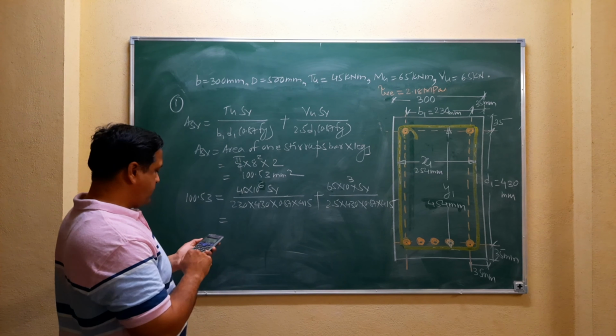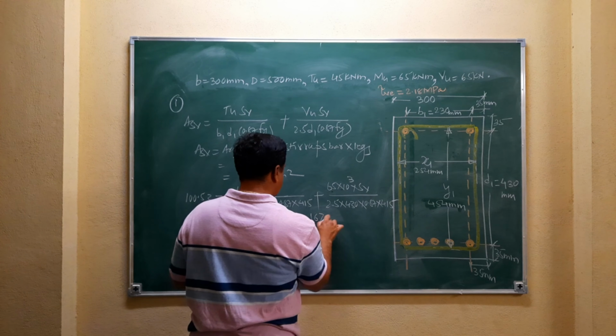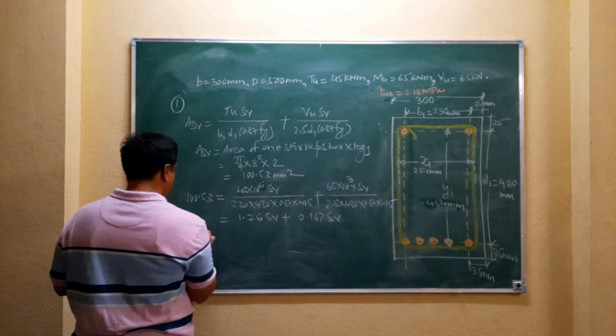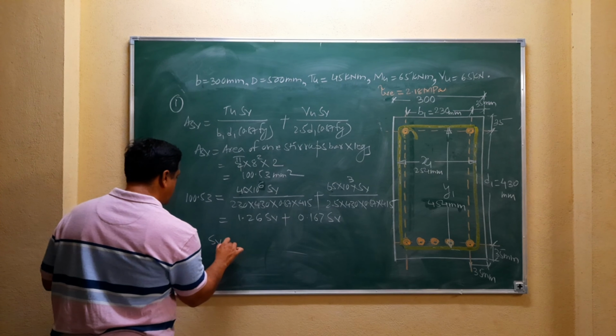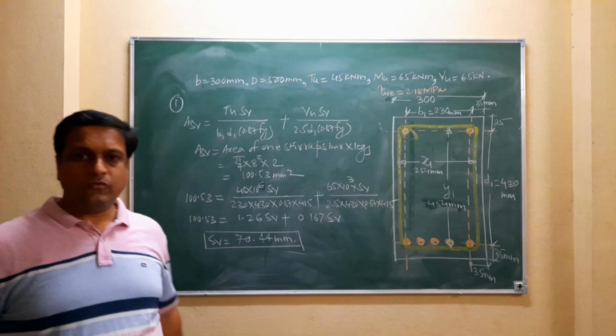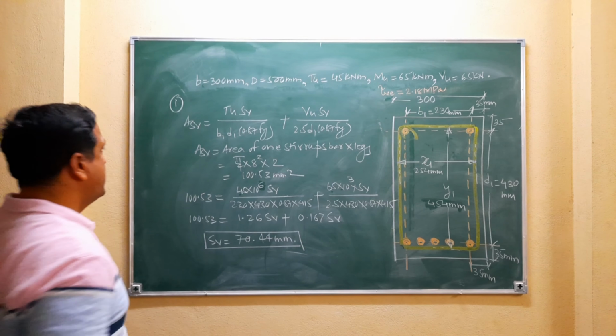The value is 0.167 SV. So from this 100.53, how to find out the SV? SV is 100.53 divided by 1.26 plus 0.167. The value is 70.44 mm. So this is the first value of spacing.